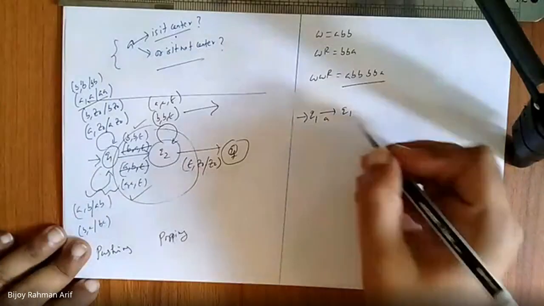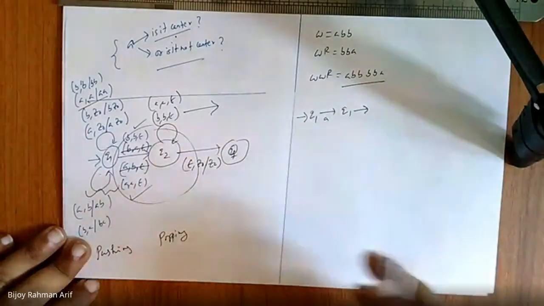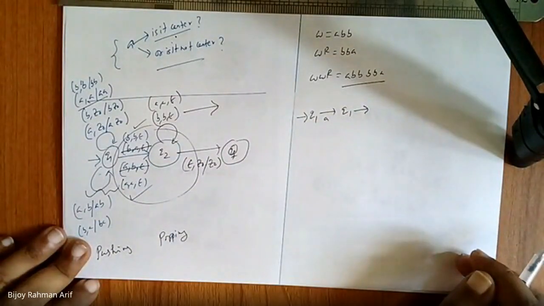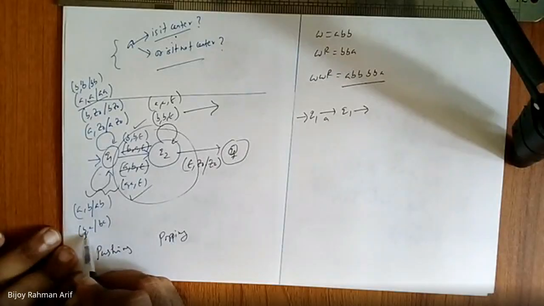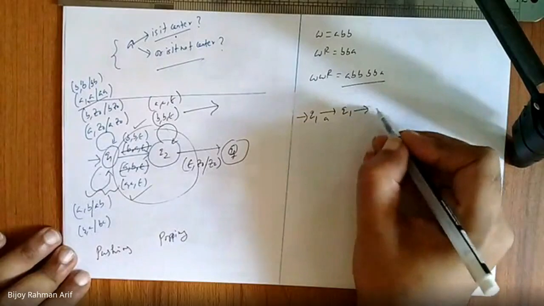No. Now I get a B. What can I do? It's a Q1 state. So top is A, and buffer is B. So I will remain in Q1.